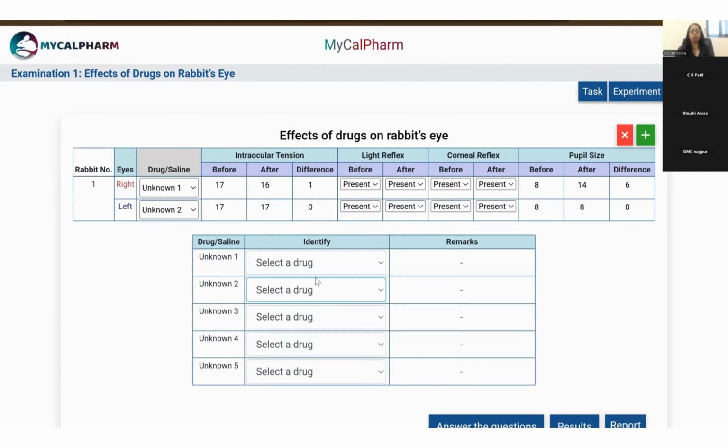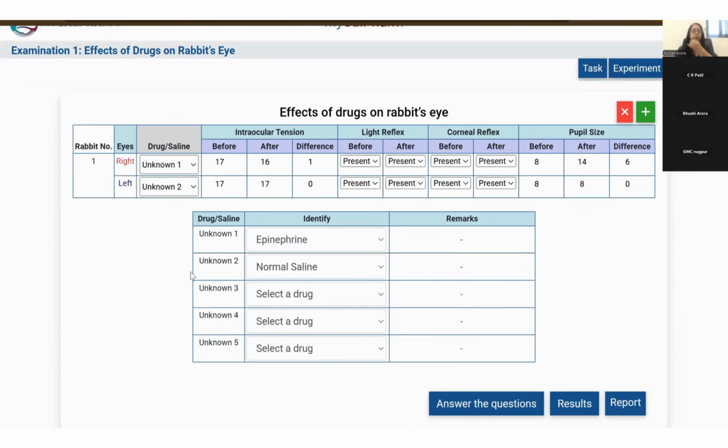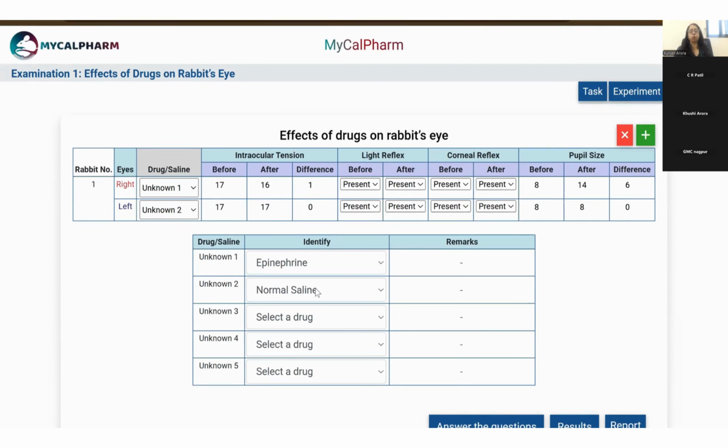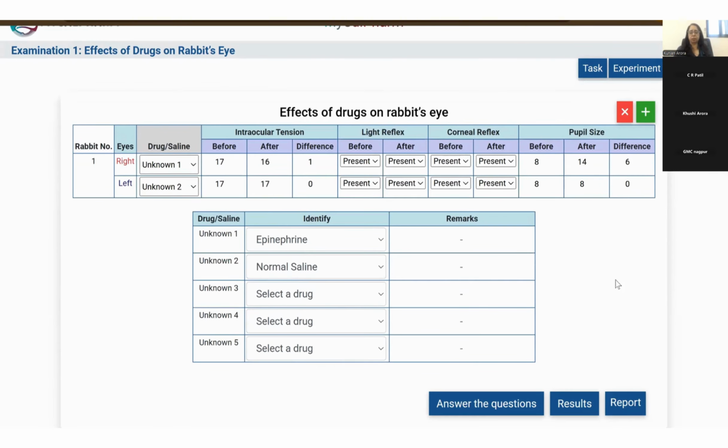Unknown 2 doesn't have much difference, so I'm just taking it as, let's say, saline only. Let it be normal saline. Unknown one, let it be epinephrine. Whatever the students choose here for unknown one and unknown two, the faculty will come to know what exactly the student has done here.